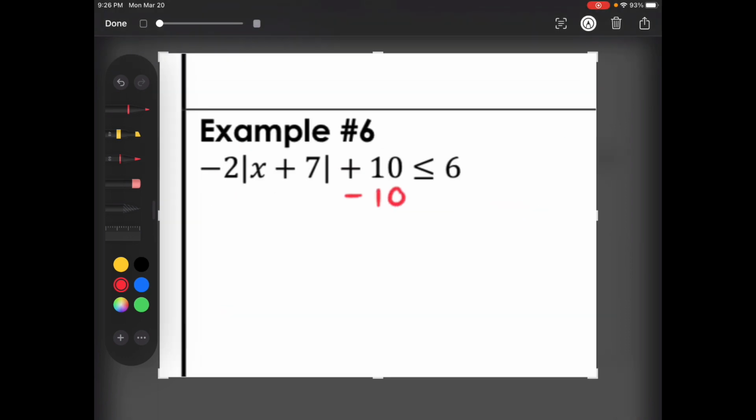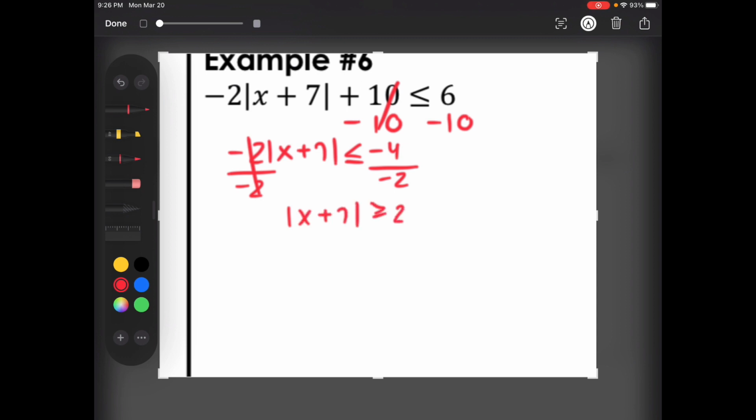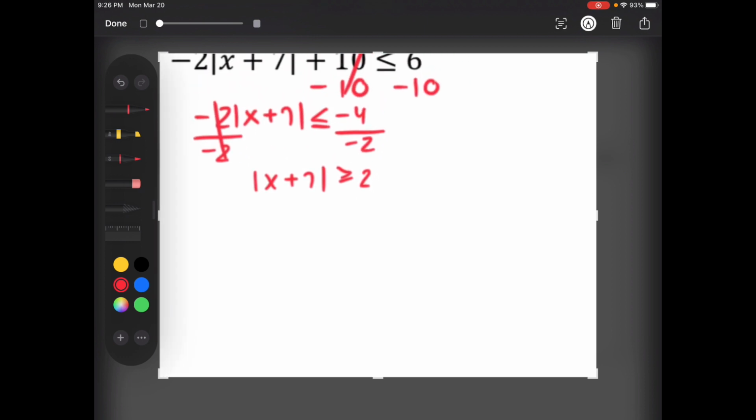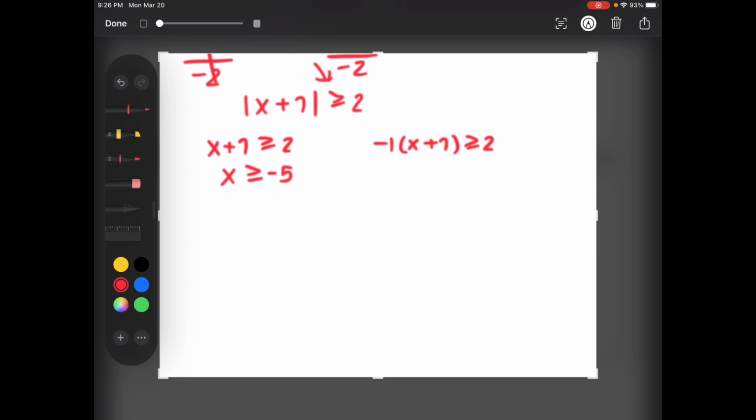So step 1, get the absolute value by itself. And notice I flipped the inequality here. So my two versions. Subtract 7 on both sides for that one.